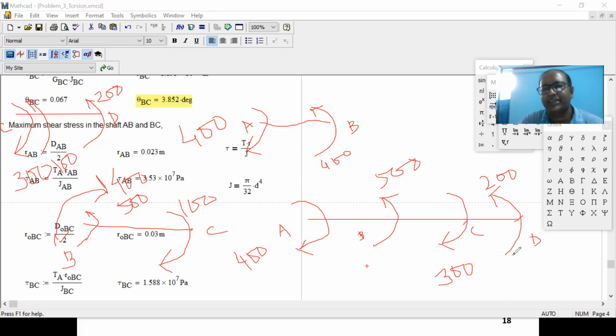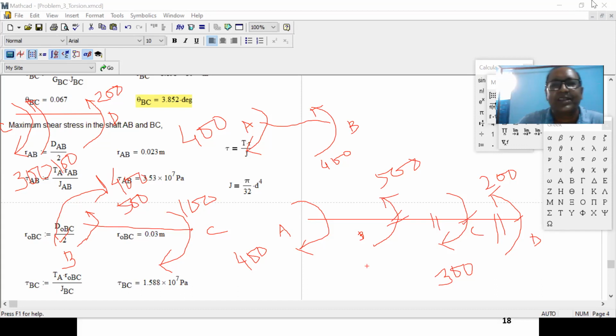Now we can say shaft CD carries 200, shaft BC 100, shaft AB 400. If you initially look, you might say shaft BC is carrying more load, but if you draw the free-body diagram step by step, you easily figure it out.